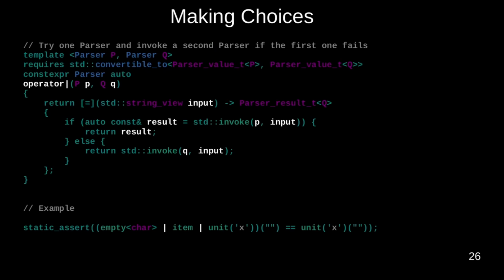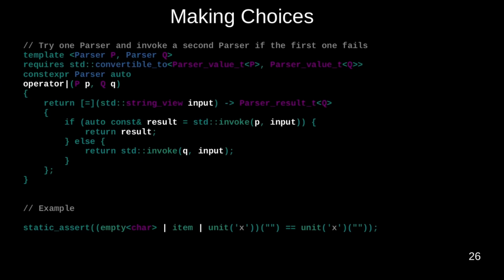However, with the concept, we can constrain that auto and say that it has to be a parser, if it's a single argument concept like parser. So this is really nice, I think, even if you don't specify exactly what type it is. The important thing is that it's a parser, and you can make the code much more readable like that. Also, if you implement the wrong thing, this would fail to compile.